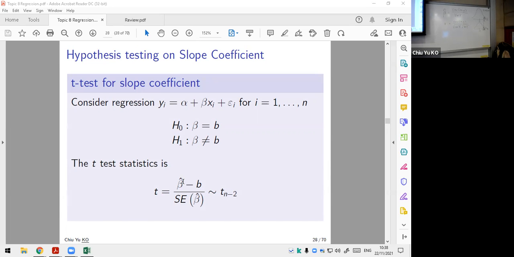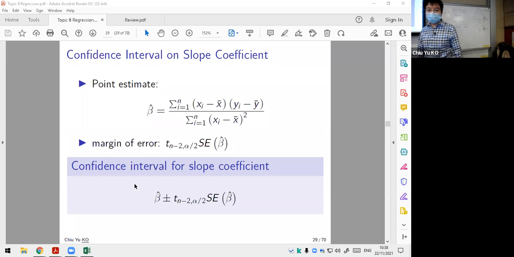So the same thing here, okay? And you can see the estimation, right? This is the point estimate, and this is the margin of error, okay? So just the numerator, the denominator, and the critical value of the two-tailed test, okay?